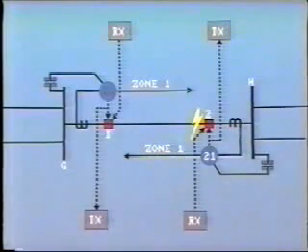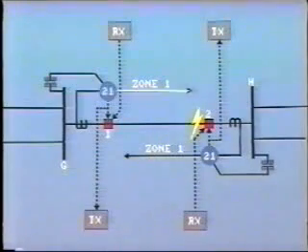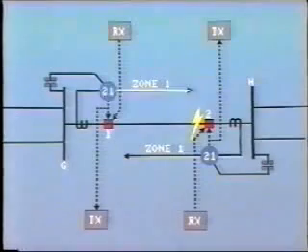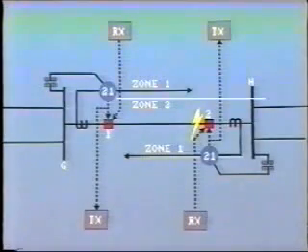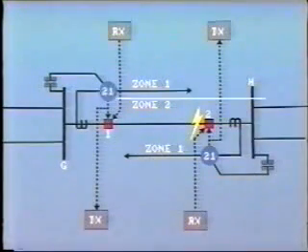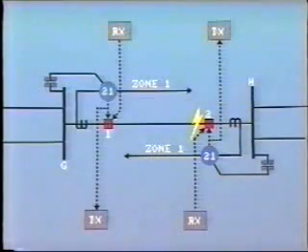In this situation, the Zone 1 element of the distance relay located at bus G, let's call this station G, will not operate. The fault is outside of the preset zone. The Zone 2 element detects the fault, but tripping of breaker 1 is delayed. Preferably, we want high-speed tripping.